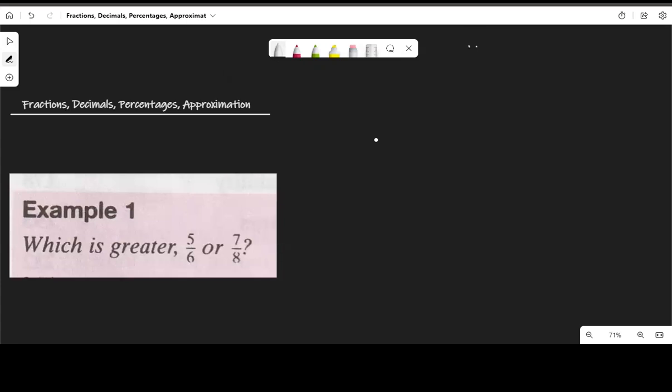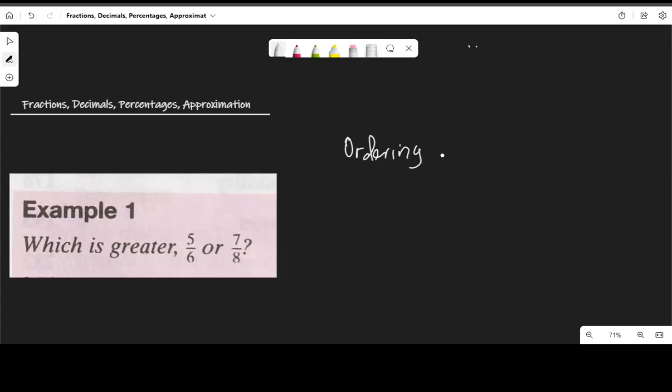So let's start with the first question on fractions. This question is asking us which is greater, 5/6 or 7/8. This question is on ordering fractions, that is arranging fractions in ascending or descending order.